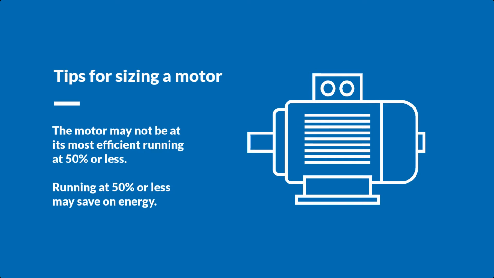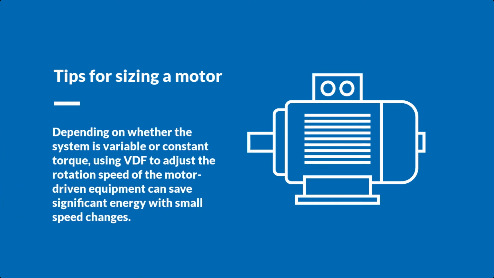The motor may not be most efficient at loads less than 50%, but if the system works as needed at these loads or motor speeds, it can certainly save energy. Depending on whether the system is a variable or constant torque load, using a VFD to adjust the rotation speed of the motor-driven equipment can save significant energy with small speed changes.